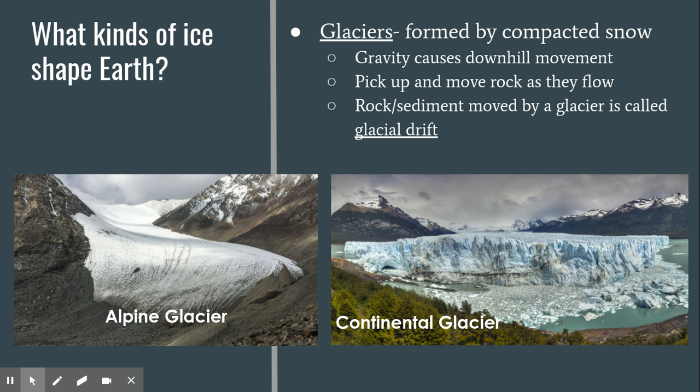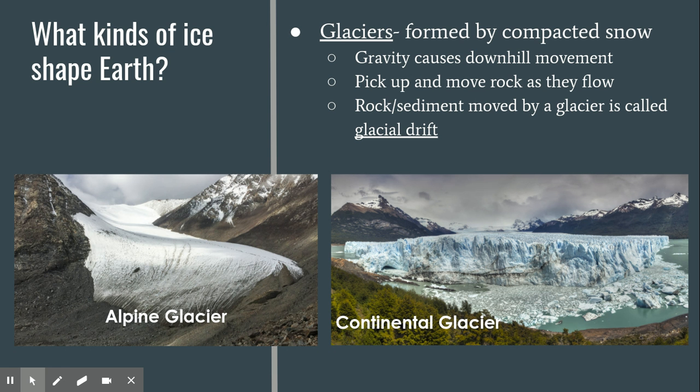It's going to flow downhill just very, very slowly because it's frozen. As these glaciers flow and as they retreat from melting or moving, they're going to pick up rock and scrape out some rock as they go. So they're going to pick up and move rock as they flow.